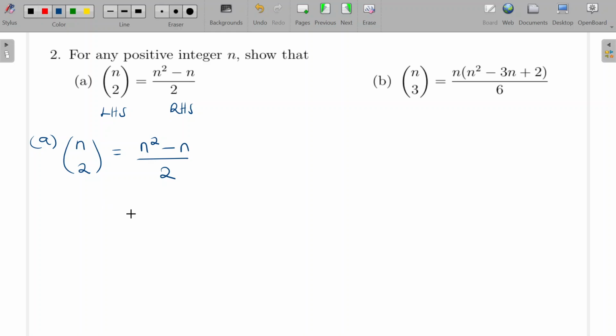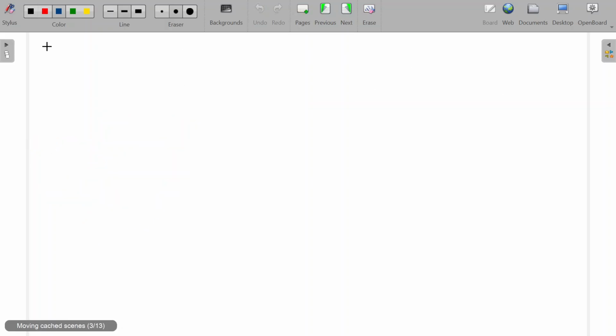So what you're going to do is say, taking the left hand side. Let me just use a different page.